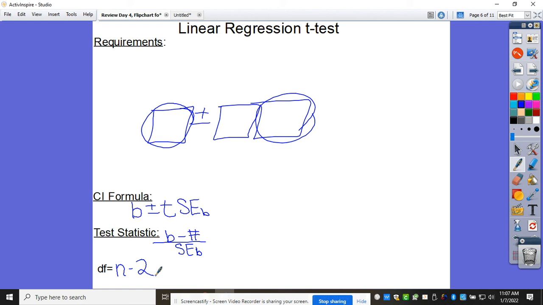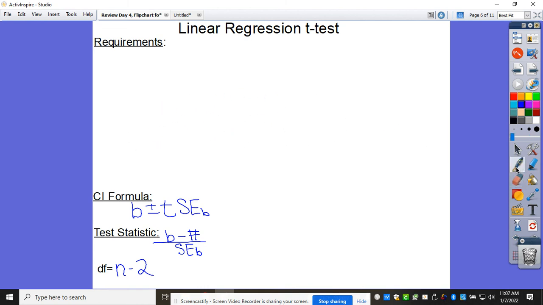I don't think I can space this better. What is our first condition for linear regression? What's the first graph I check? And what am I actually checking right there?